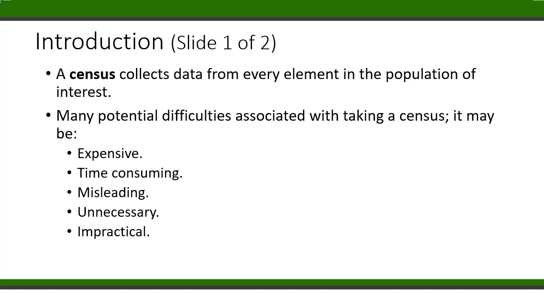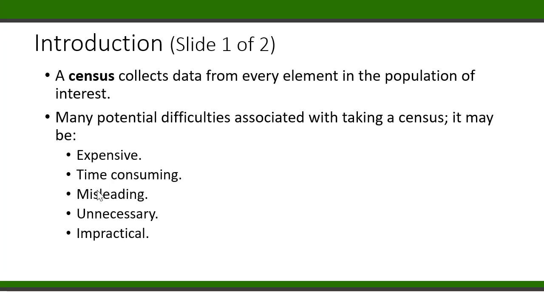One of those is because it's from everything, it's very expensive. It's very time consuming. If people aren't home, you have to go back. What if they don't give you all the information? That could be misleading. They don't report everybody that's living in the household. It can be unnecessary if you could generalize to that population, and a lot of times the population you're trying to survey could be scattered everywhere, you can't get to them, it might even be impractical to get that information.